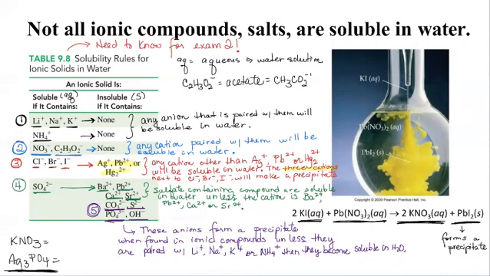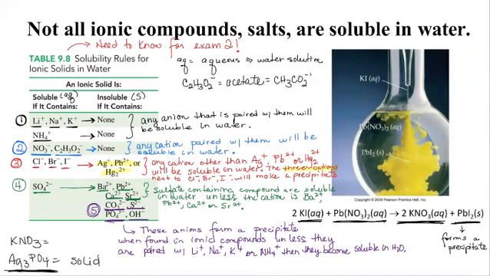So silver phosphate is going to be a solid in water. It's insoluble. The rule that tells us that silver phosphate is a solid, meaning it forms a precipitate and is insoluble in water, is rule number 5.